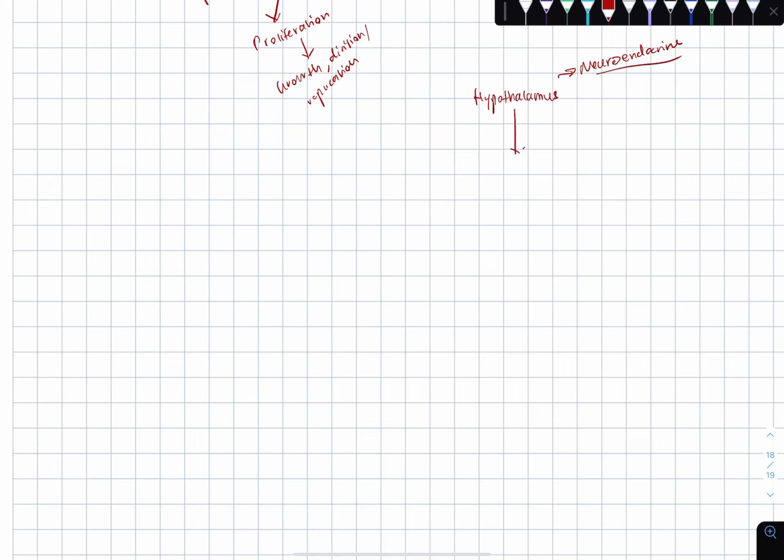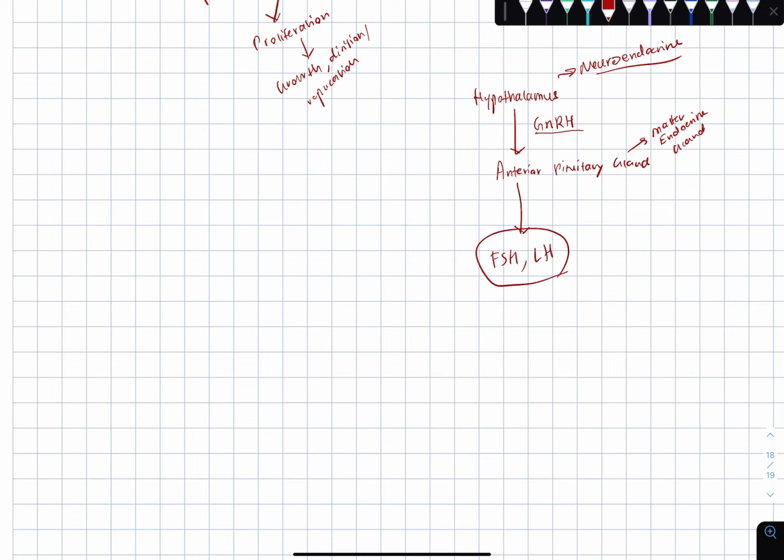The hypothalamus is going to release GnRH, which stands for gonadotropin releasing hormone, into the anterior pituitary gland, which is the master endocrine gland. And it's going to cause the anterior pituitary gland to release both FSH and LH.